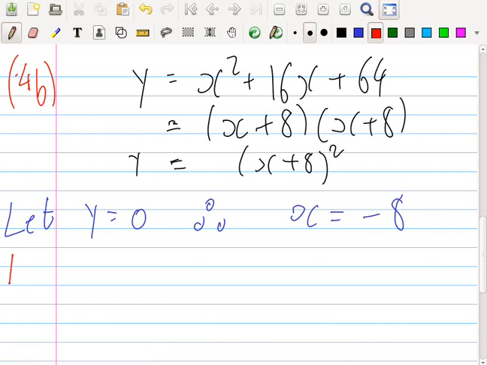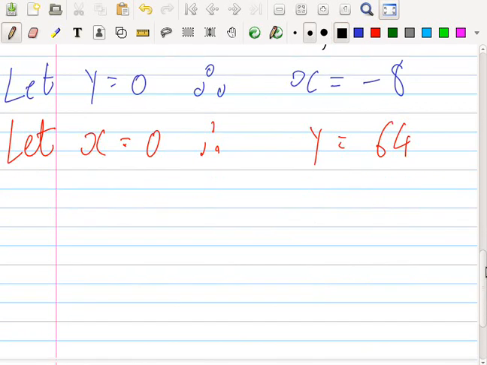Now, let x equal 0. What does y equal? Yes. 8 squared. Or if you put 0 here, you get 64. Okay?